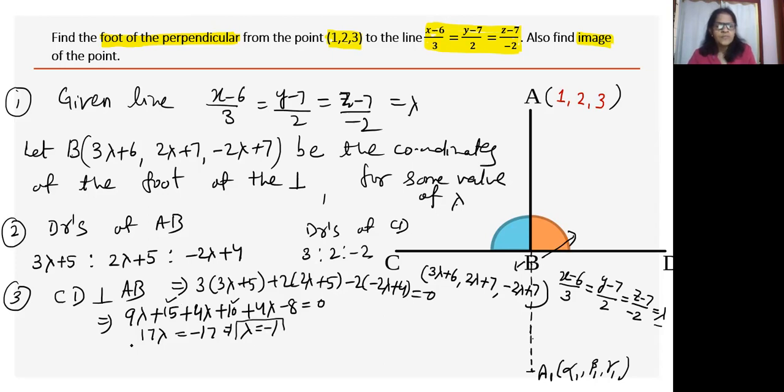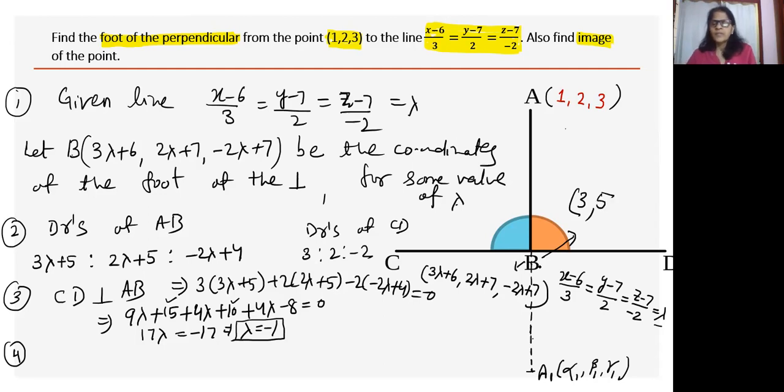Now coming to step number 4: putting the value of lambda and getting the foot of the perpendicular. With lambda equal to minus 1: 3 into minus 1, minus 3 plus 6, that's 3. Then 2 into minus 1, minus 2 plus 7, that's 5.